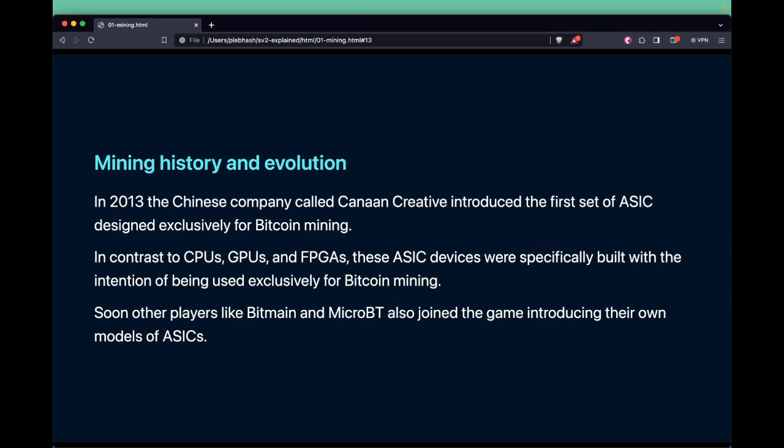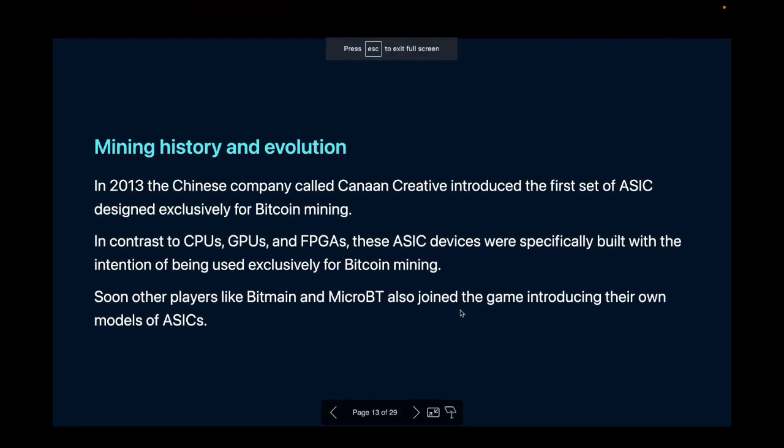In 2013, a Chinese company called Canaan Creative introduced the first set of application-specific integrated circuits, or ASICs, that were designed exclusively for Bitcoin mining. In contrast to CPUs, GPUs, and FPGAs, ASIC devices were specifically built with the intention of Bitcoin mining.